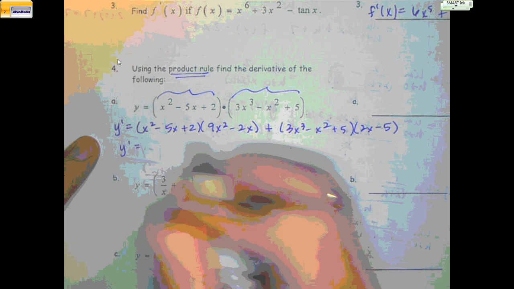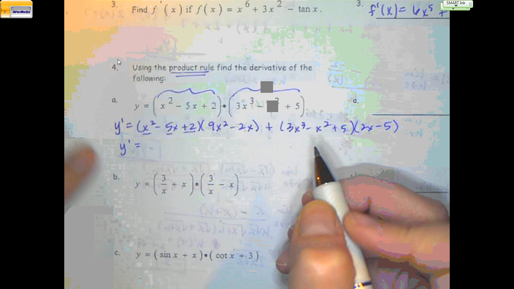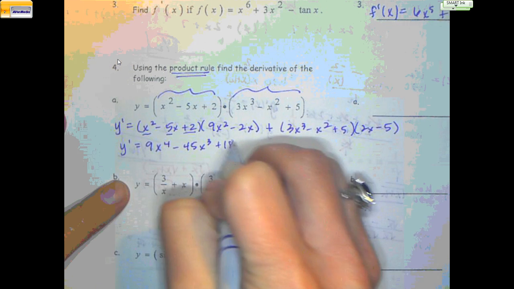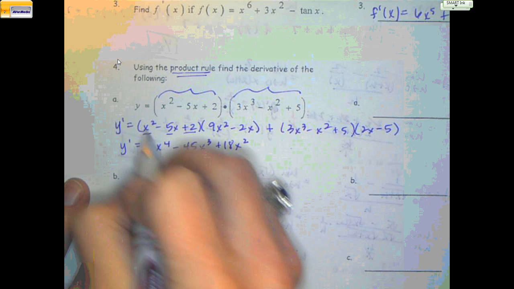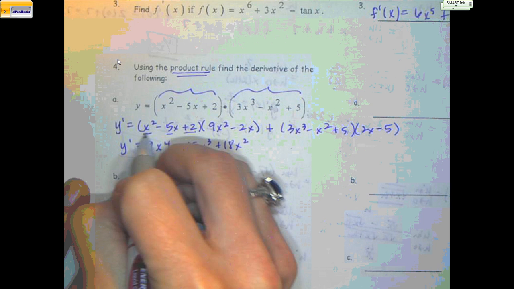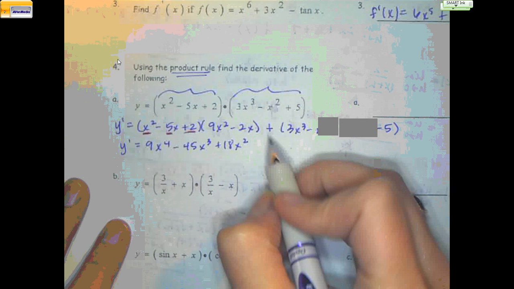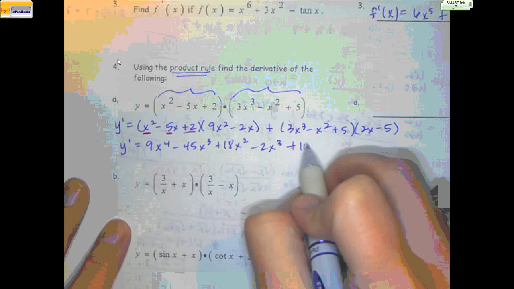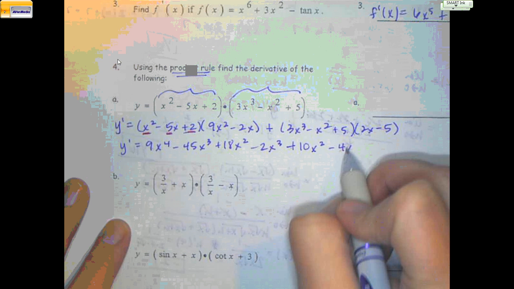Okay, so now we multiply it out. I'm going to take all 3 of these guys times 9x squared, and I get 9x to the 4th minus 45x cubed plus 18x squared. All right, start watching my math because this is where I get crazy. -2x times all those guys, and we have -2x cubed plus 10x squared minus 4x. Am I good so far? Great.